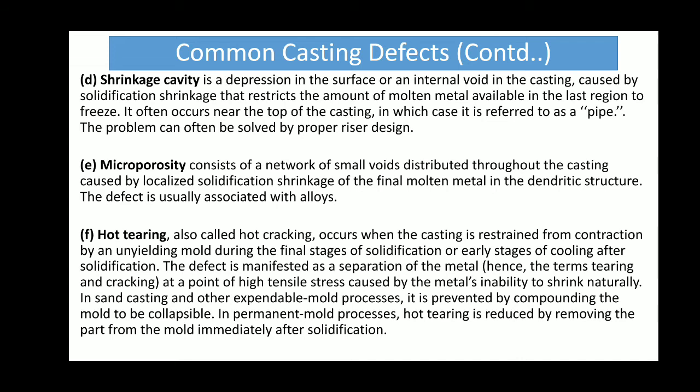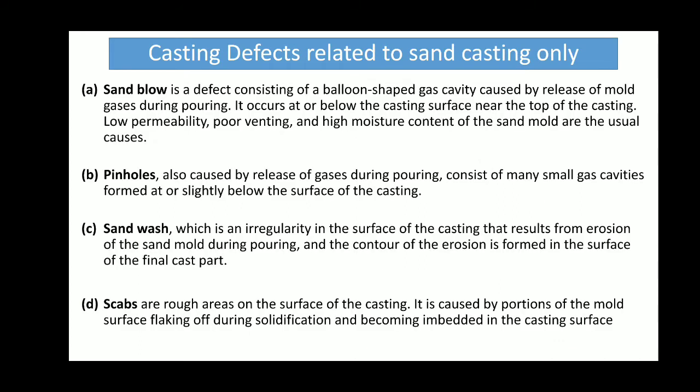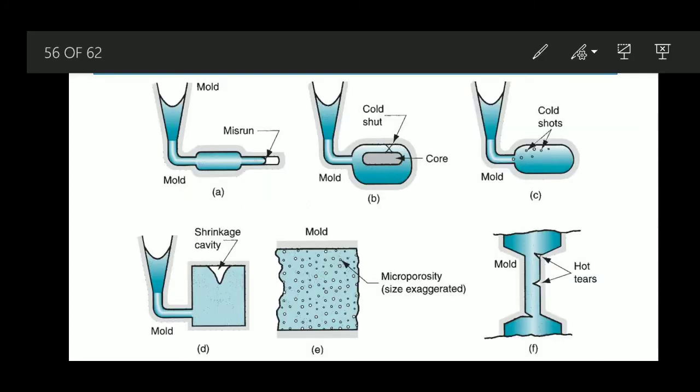Similarly, we may have microporosity. And what is this microporosity? It's a network of small voids which are distributed throughout the casting, and mainly it is caused by localized solidification shrinkage of the final molten metal in the dendritic structure. Okay, we already know that in case of alloys we have that dendritic structure, and in that structure, sometimes in the lateral branches, we already know how they grow.